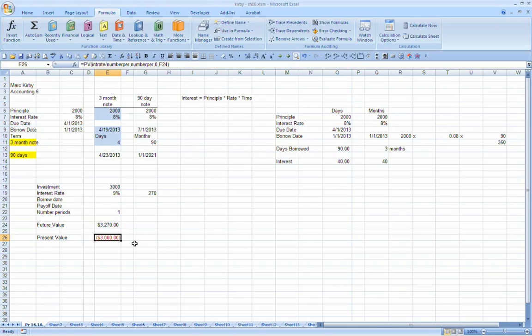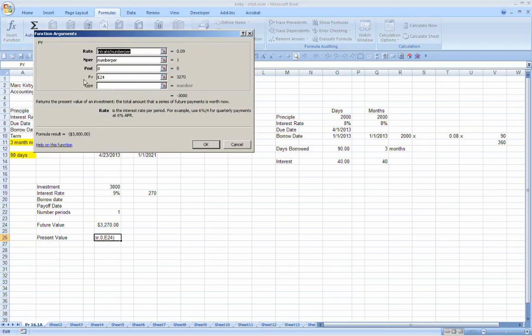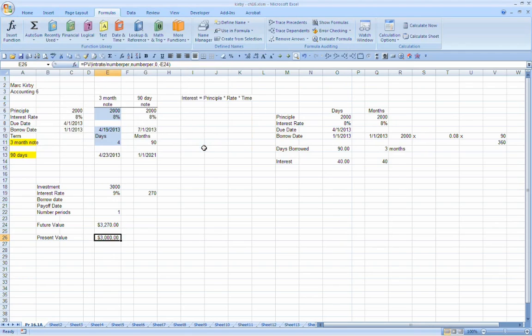And I got present value of negative $3,000. Is that what I expected? No. Notice in the future value column, I didn't put that minus sign in. Right? That's that cash flow deal. So I throw in the minus. So $3,000 at 9% for one compounding period a year will grow to be $3,270.